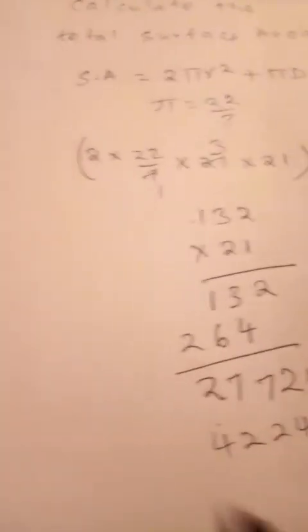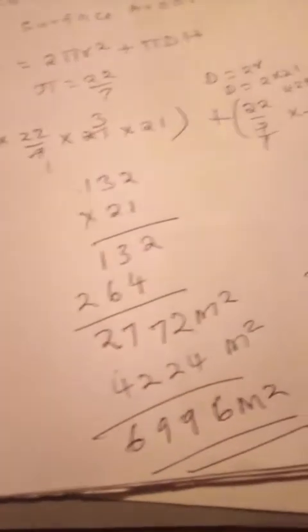So we want to add. This is going to be 6996 meters square. So 6996 meters square is the total surface area of a closed cylinder. So this is our answer.